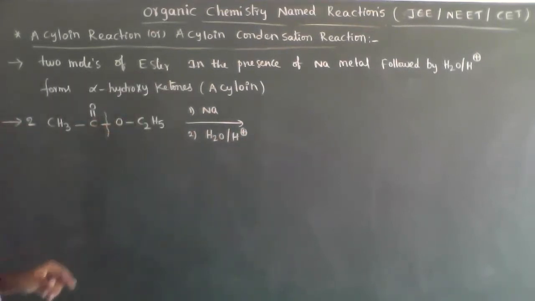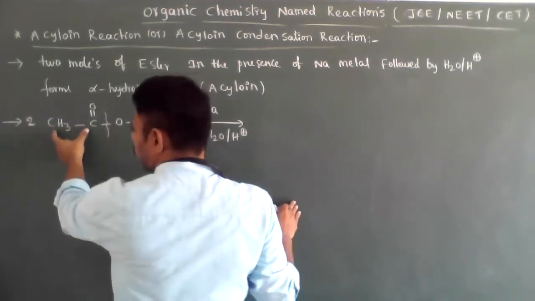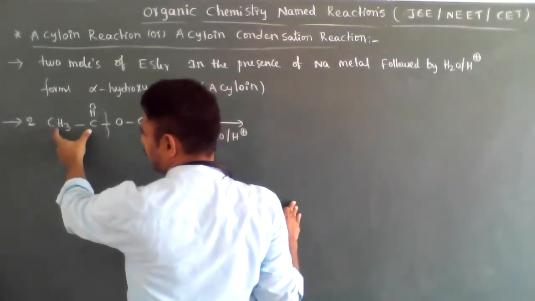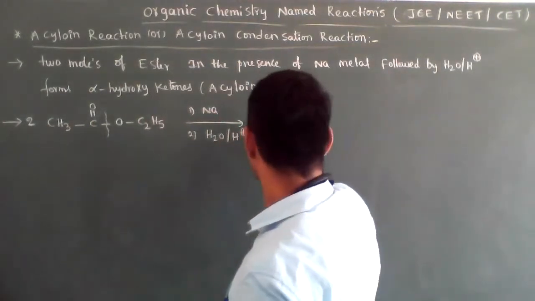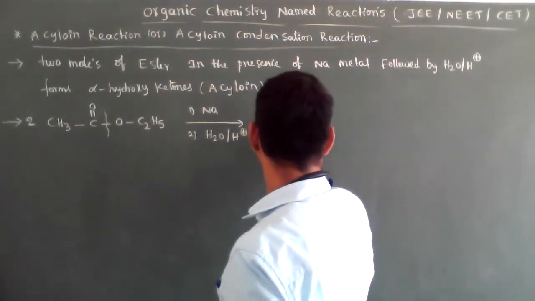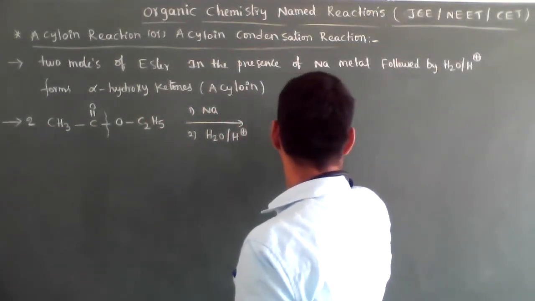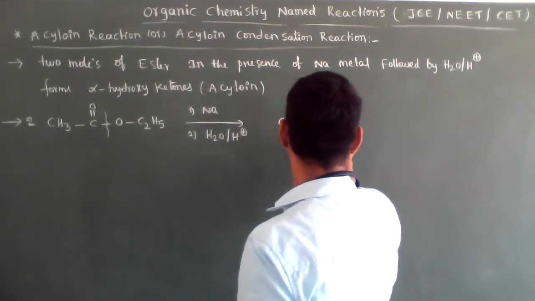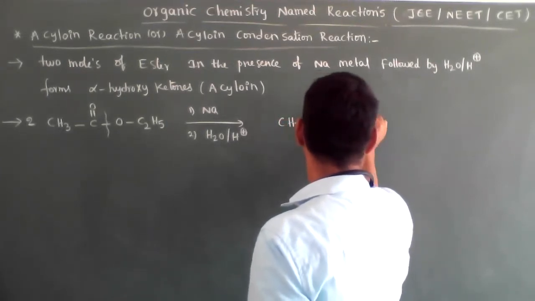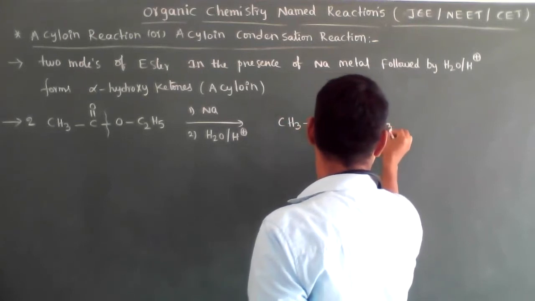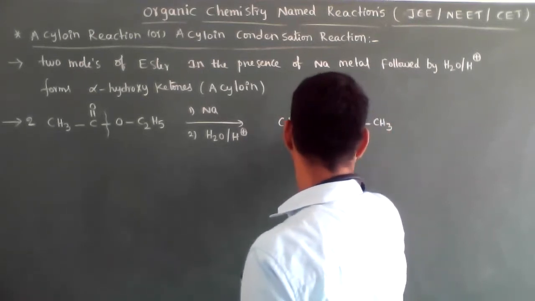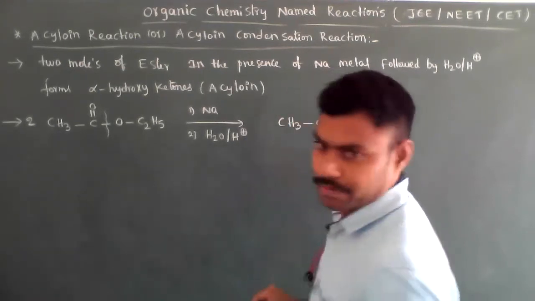Then the carbonyl group with the attached alkyl group, CH3C=O, is converted into CH3CH(OH)C=O CH3. See, this OH group is present at the alpha carbon.